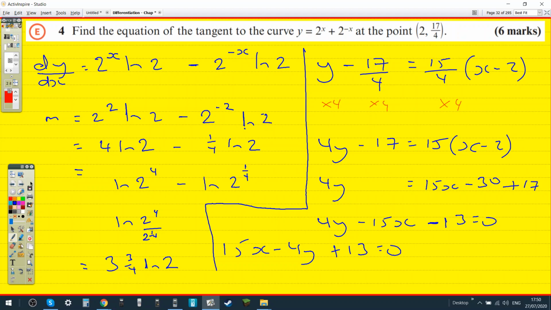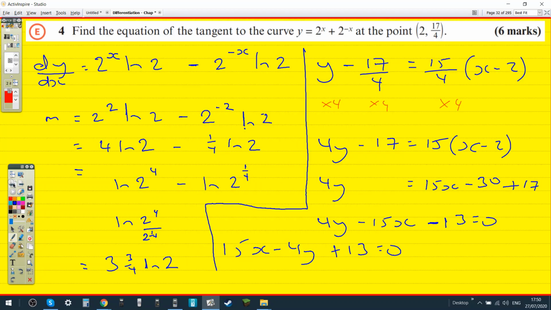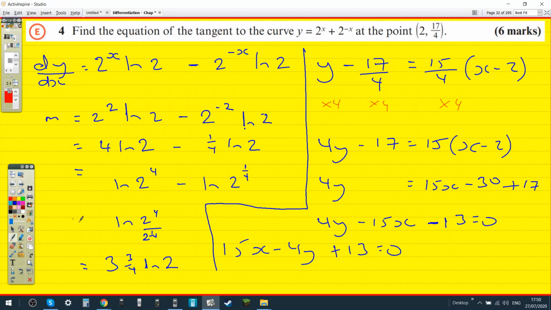Yeah. Let's take a look. They have 17 minus 15 over 4 ln 2. Did we forget the ln 2? Yeah, we did. We just forgot that. Okay, so ln 2.